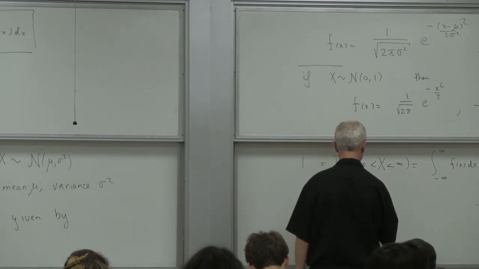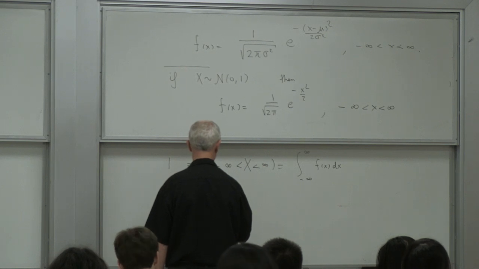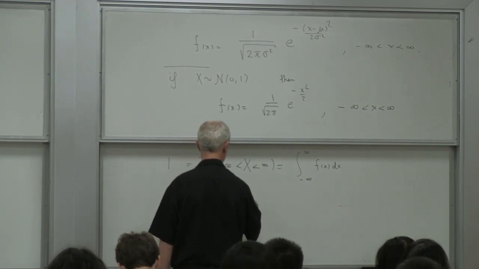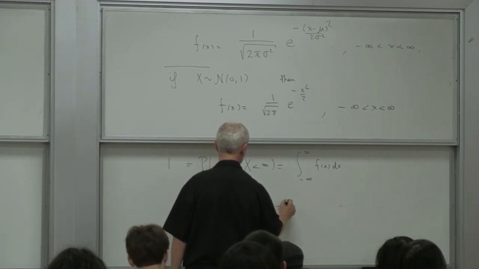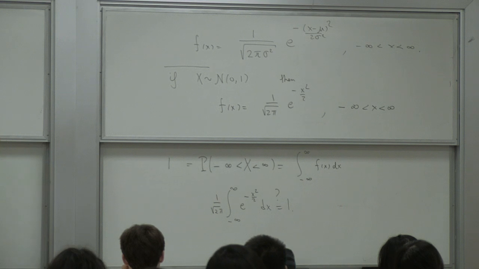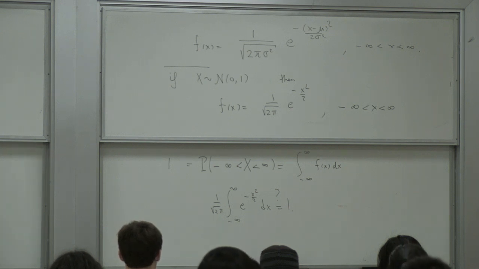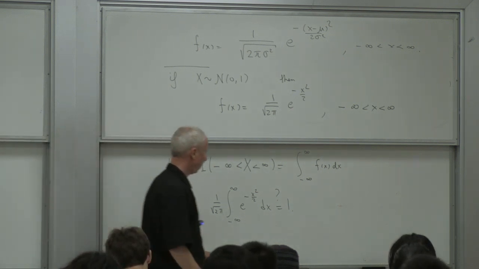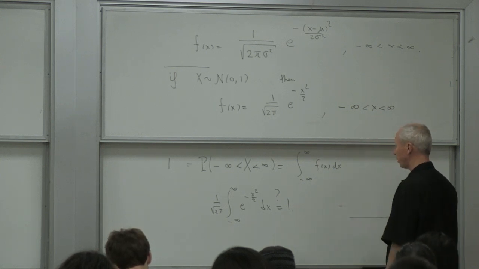In particular, the integral of this density should be 1. And in fact, is that 1? Let's think for a moment what the graph of this looks like. What does e to the minus x squared look like?